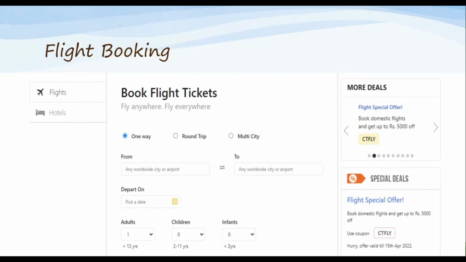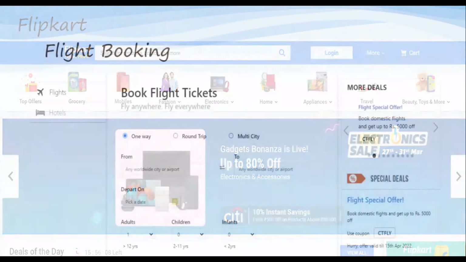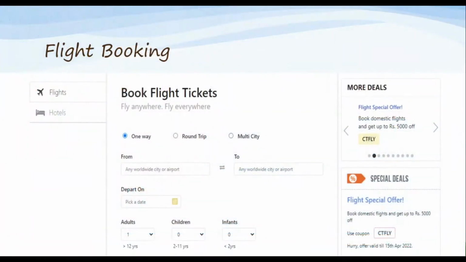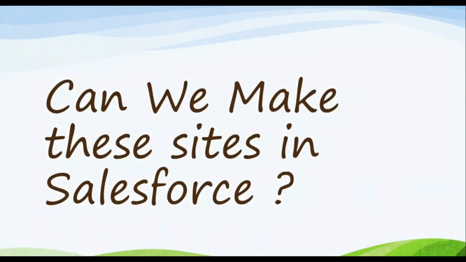What do you think these are? You would say, sir, these are all websites. Yes, that's correct, but my question is, can we make these sites in Salesforce? The answer is yes, of course we can make these sites in Salesforce.